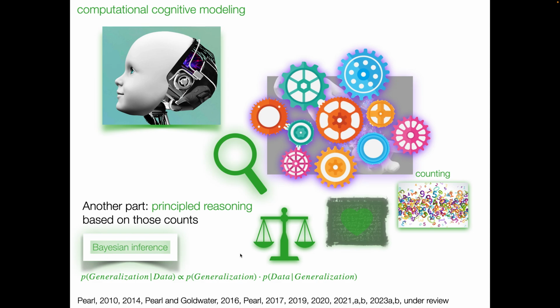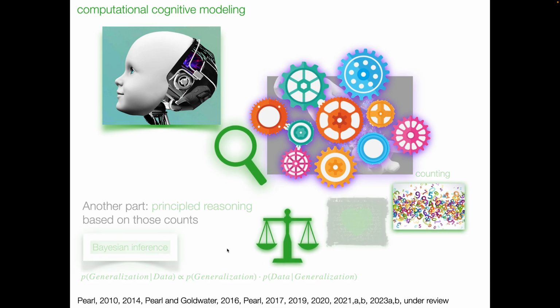It involves trying to decide how much you like a particular generalization on the basis of the data. You consider different pieces of information, but it is a very principled way to reason about the counts of things you might have observed in your data and your feelings or your biases about whatever the generalization was. It's a principled way to combine those.